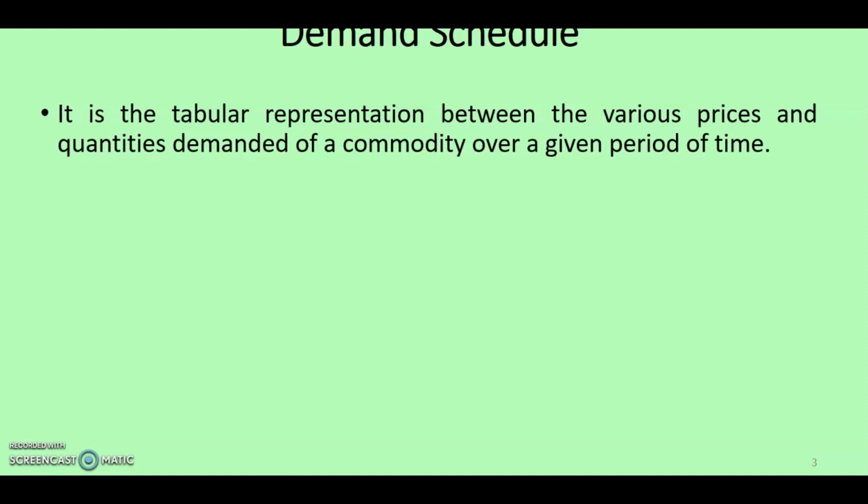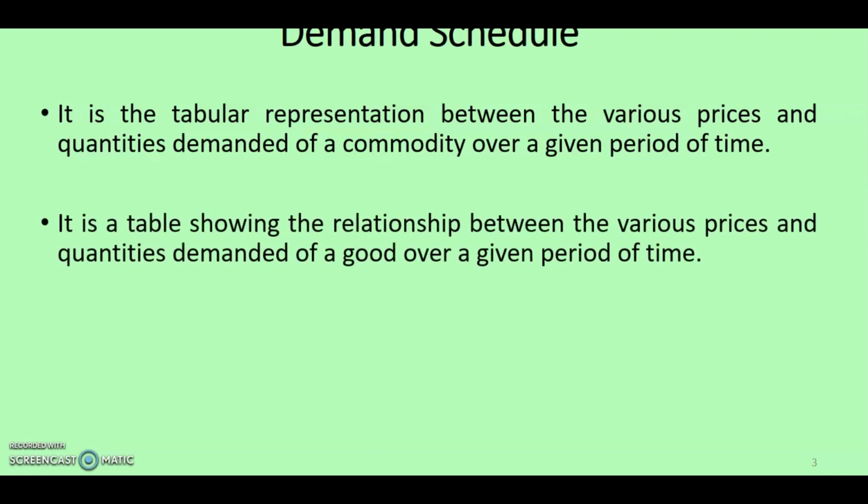So that is a table which is representing various prices of goods and services with their quantities demanded. Now we have here, it is a table showing the relationship between the various prices and quantities demanded of a good over a given period of time. That is another definition for demand schedule.